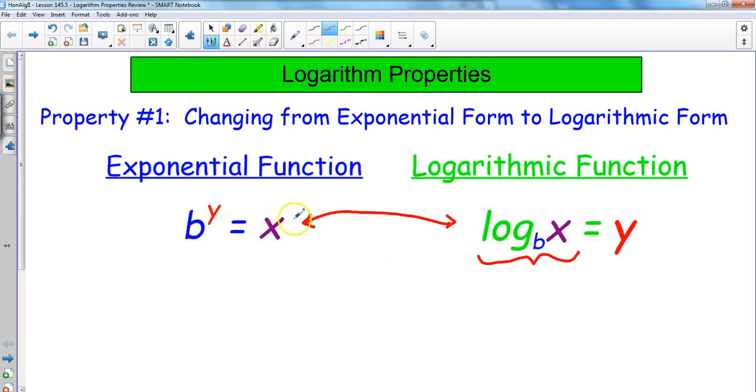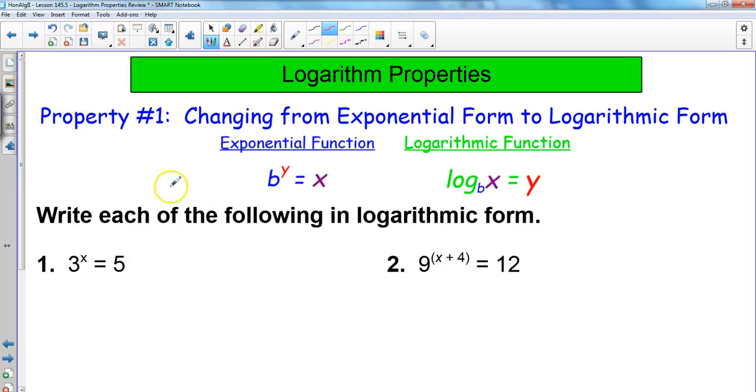So we can turn this exponential function b to the y equals x into log base b, this is what's being raised to the power, of x equals the exponent. So again, a log is just an exponent, very simply, a different way to express what that exponent is.